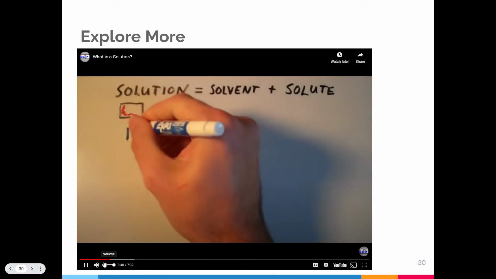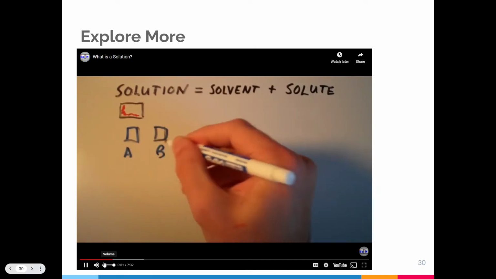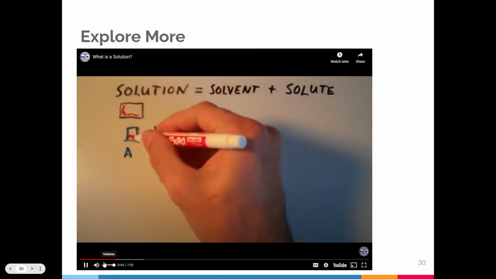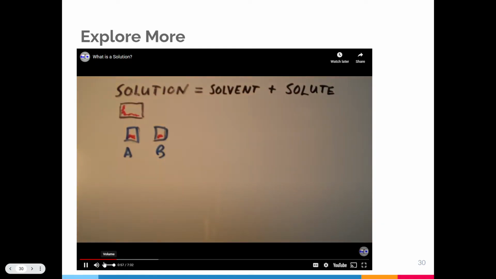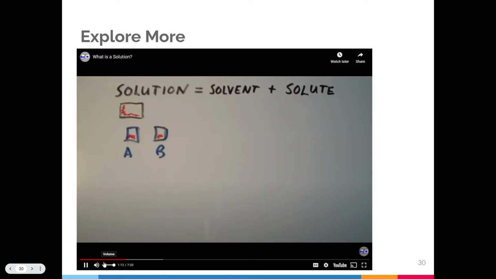We'll call this beaker A and then we'll call this beaker B. If I pour this one solution into two different beakers, then the contents of beaker A should have the same properties and same composition as the contents of beaker B. So that's what a solution basically is. Every part of the solution has the same composition.